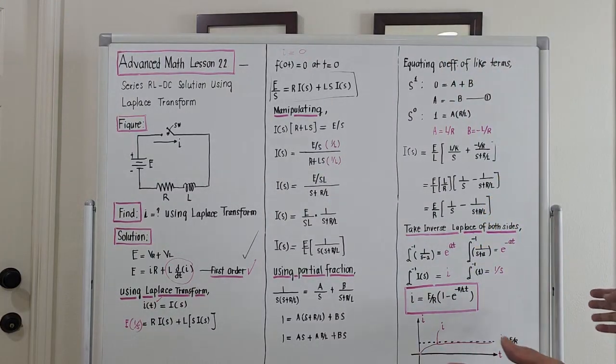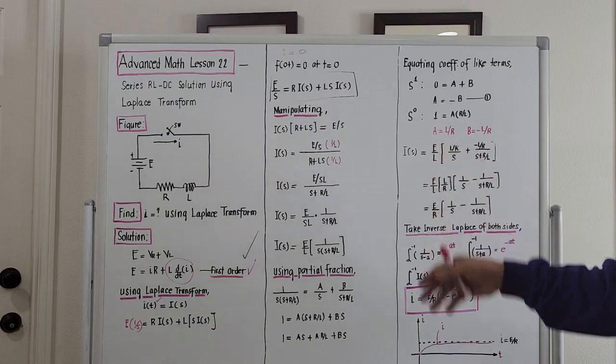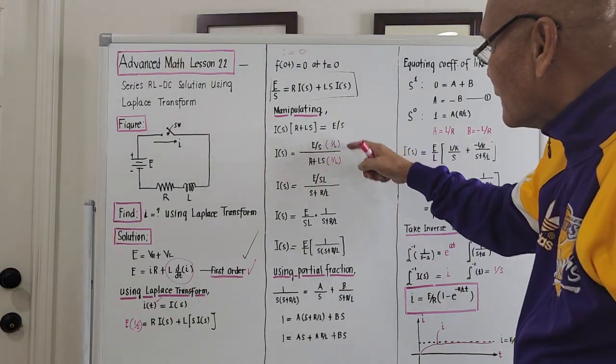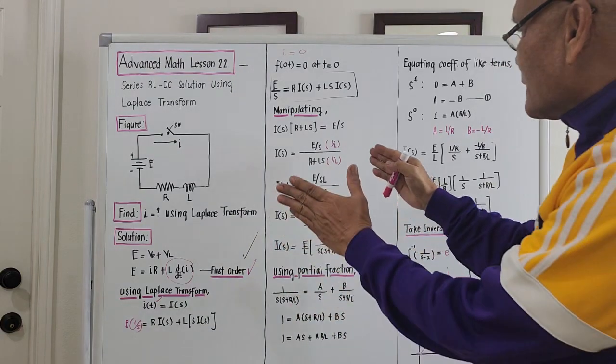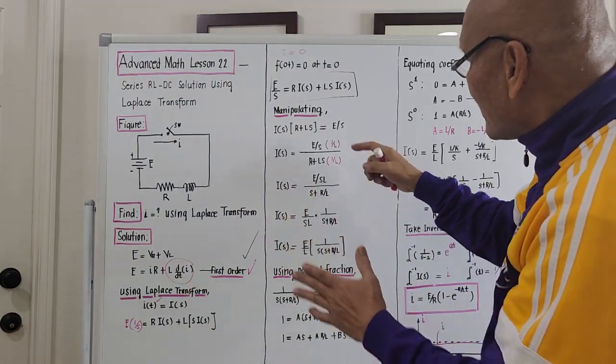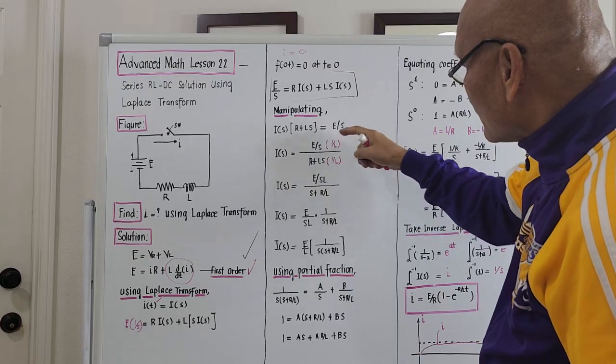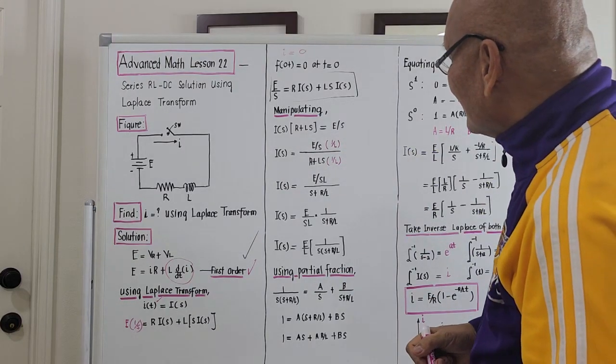Then, by multiplying both the numerator and denominator by the ratio 1 over L. There's a reason for that, okay? Because if we try to multiply both the numerator and denominator by 1 over L, what will come out?